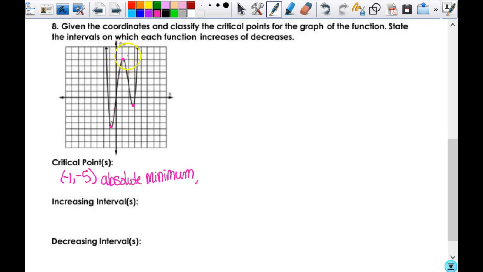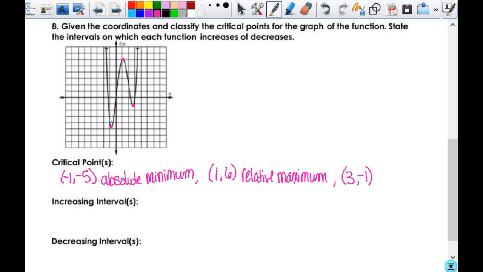Then I can move on to this point. This point is at 1, 6. That is a maximum, but there are y values that are higher than that. So this is a relative maximum. Then I have this point. You can say that's at 3, -1.